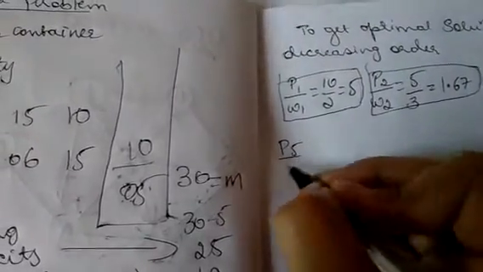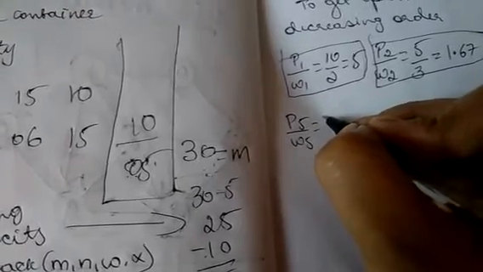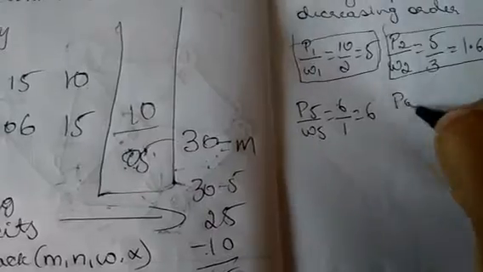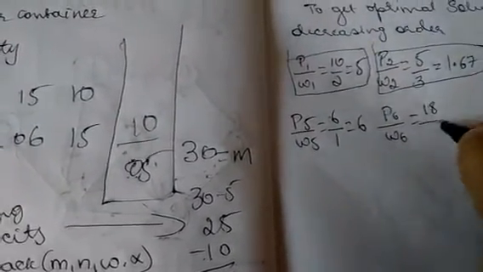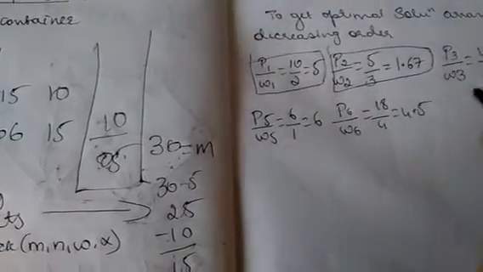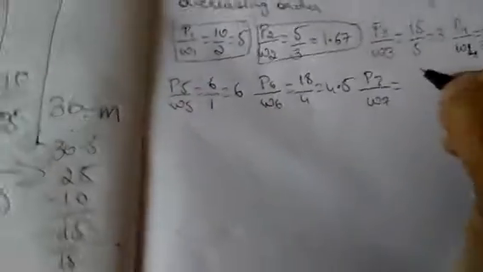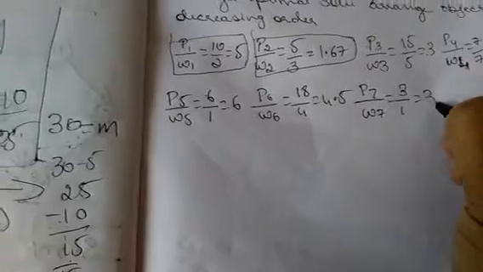Next, P5, W5. P5 is 6, W5 is 1, so this is 6. Next, P6, W6, that is 18 divided by 4, that is 4.5. And last, P7 divided by W7, that is 3 divided by 1, equal to 3.